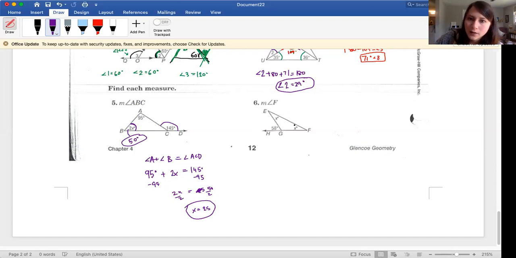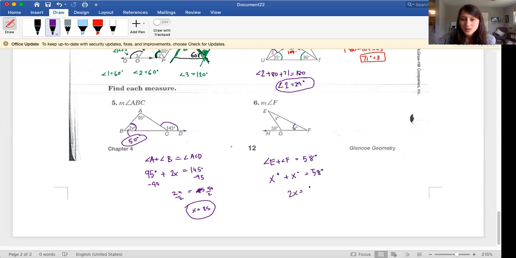All right, this is saying find angle F. So here's the thing. Angle E plus angle F equals 58 degrees, or angle EGH, right? Now I know E and F are x degrees. So x plus x is really just 2x.